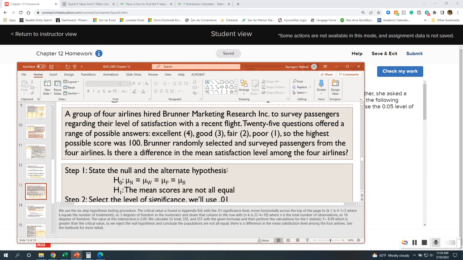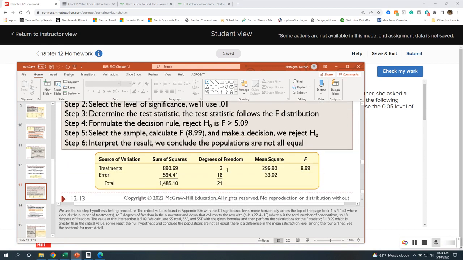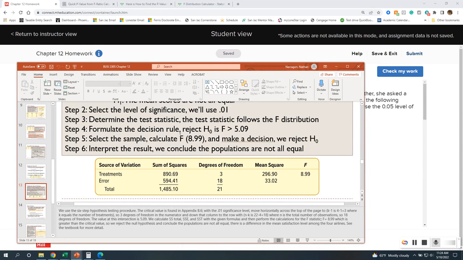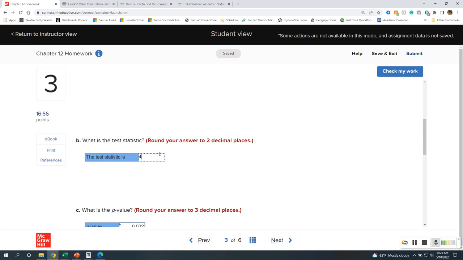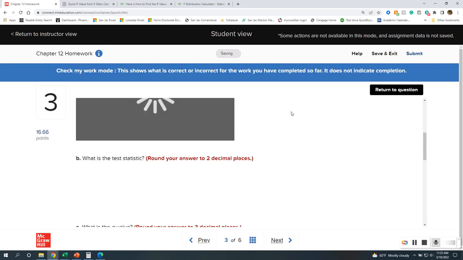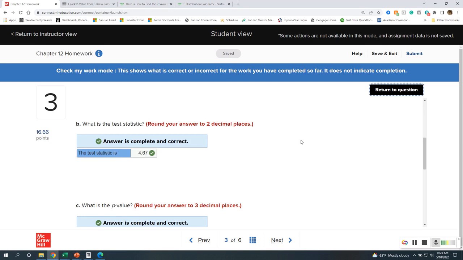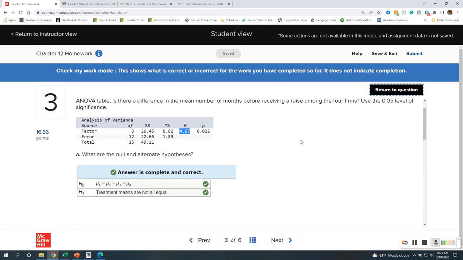So we need to find the test statistic. Where do you see the test statistic? Is it in the ANOVA table? Yes, 8.99. So, using our example, here's our F, 4.67. So we have calculated, using our ANOVA table, our F statistic, test statistic, and our p-value.